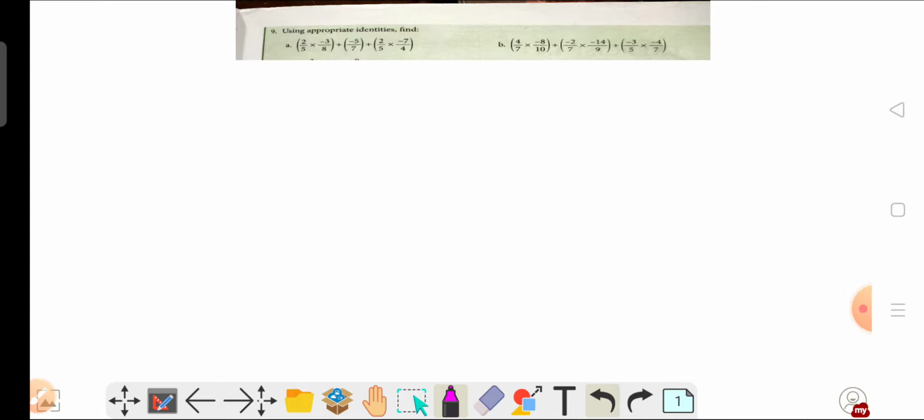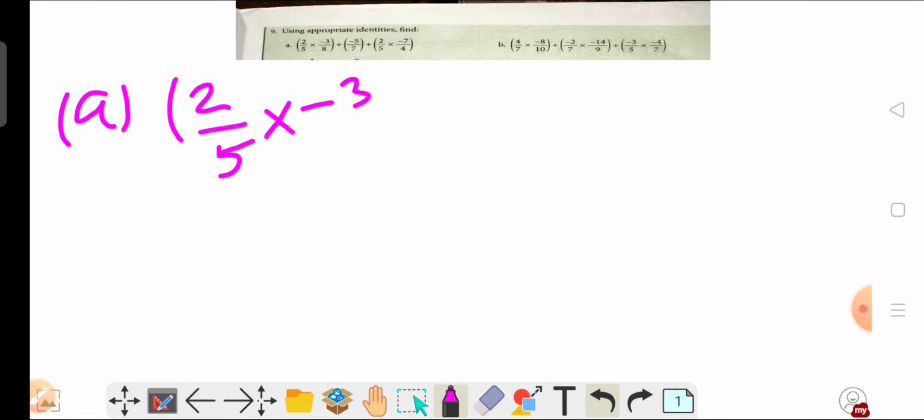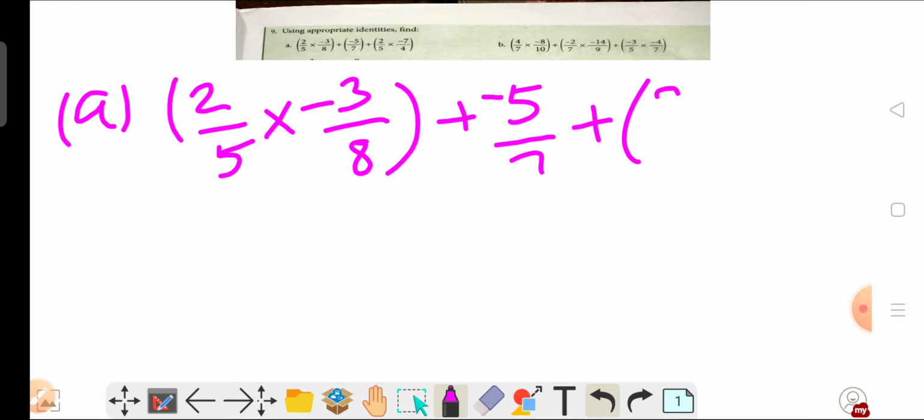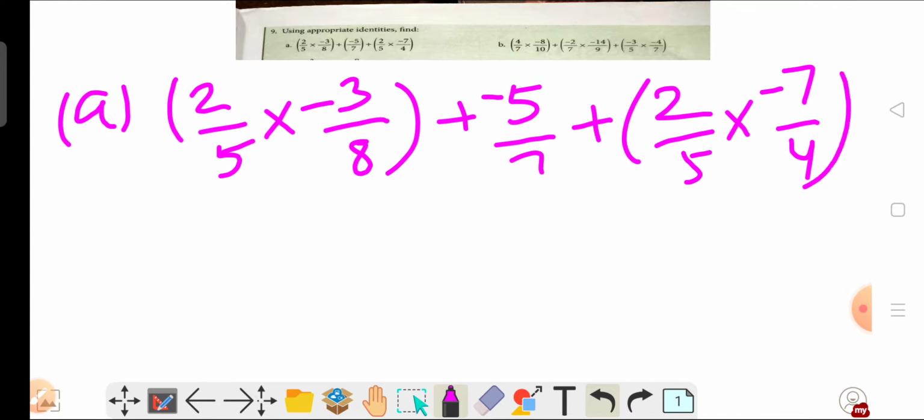So the A part is 2 by 5 multiplied by minus 3 by 8 plus minus 5 by 7 plus 2 by 5 multiplied by minus 7 by 4. This is your A part of question number 9.